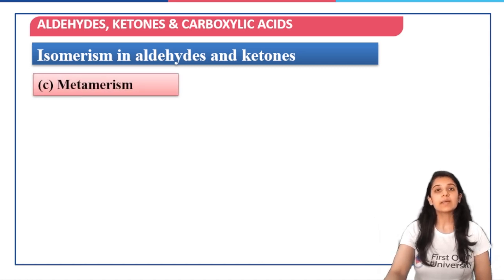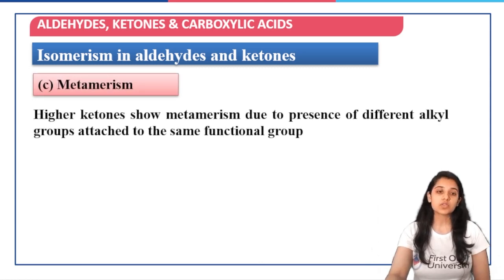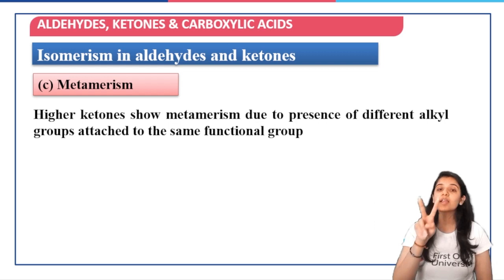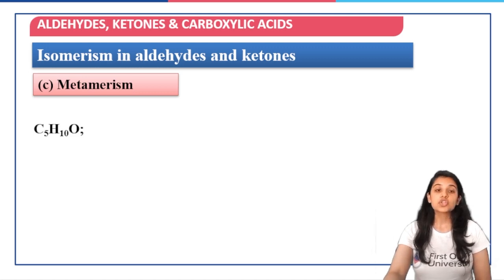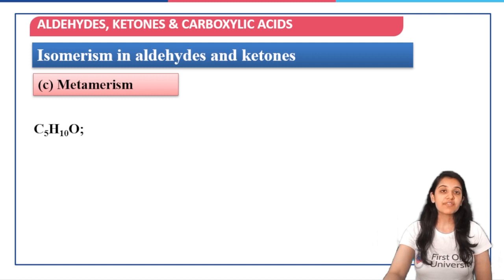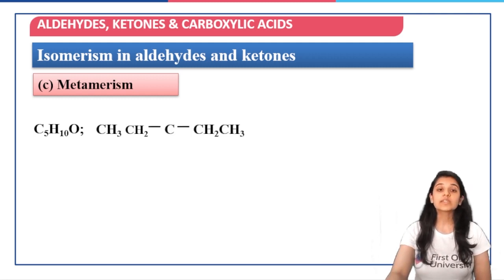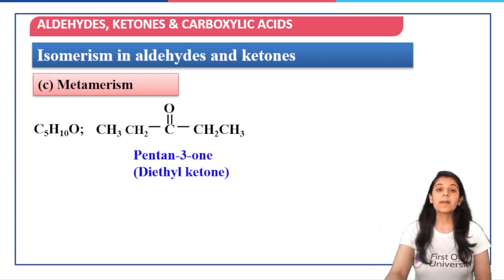The third type that is seen is metamerism. Now, metamerism is shown by higher ketones because there are two different alkyl groups which are attached to the same functional group, that is C double bond O. You will understand through examples what is metamerism. If we have the molecular formula C5H10O, we can have the formation of pentan-3-one, that is diethyl ketone.